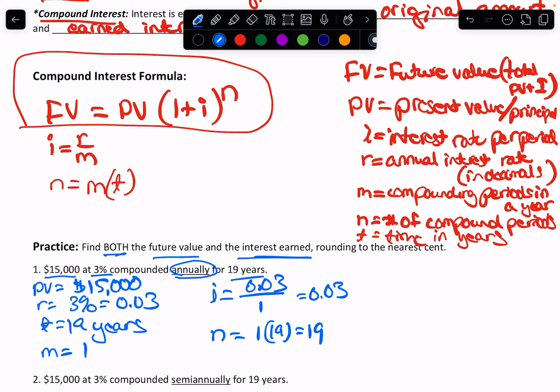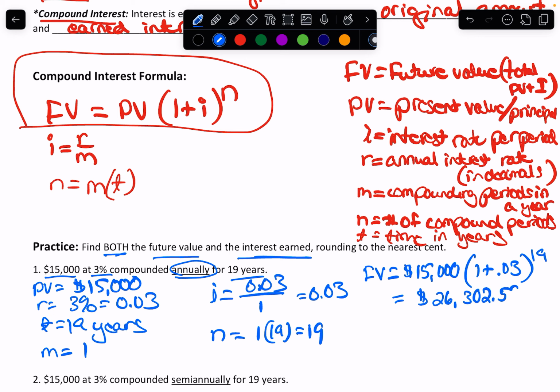Okay, so let's get the future value. Our present value is $15,000 times 1 plus 0.03 to the power of 19. And when we do this calculation, we get $26,302.59. So that is our future value here. Now, it's asking to find the interest earned. So remember that future value is the present value plus the interest.